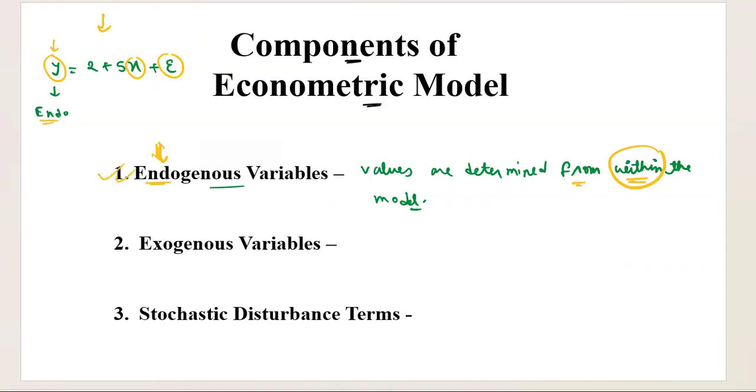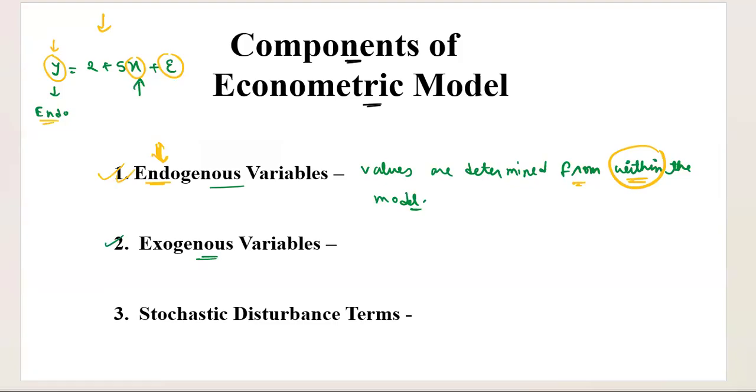And then you have the exogenous variable. Exogenous means the policy variables which are already given to you, which originate from some separate systems. For example, in the Keynesian consumption function, the income data is already given to you. They are already determined; they are the policy variables. So we are not trying to find out what those values will be.